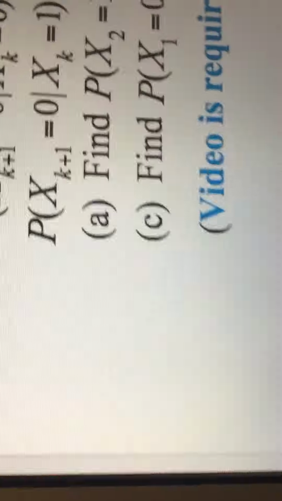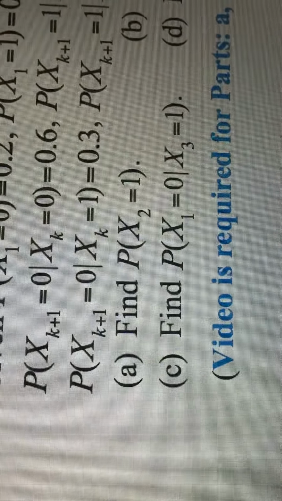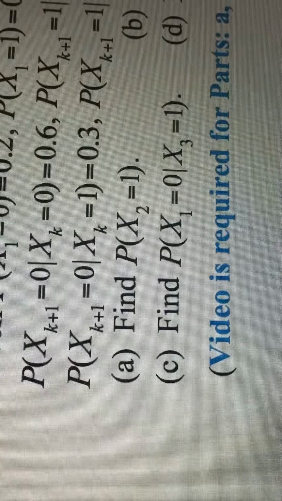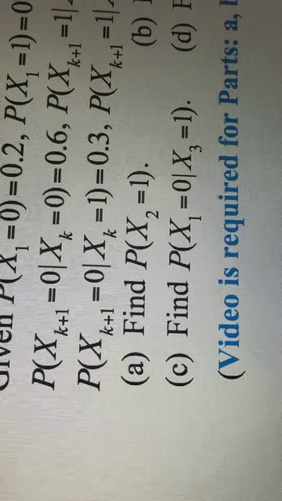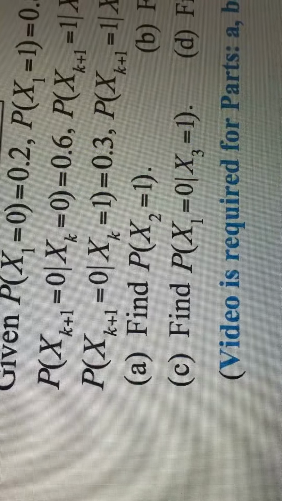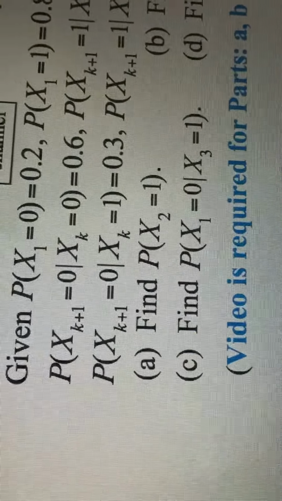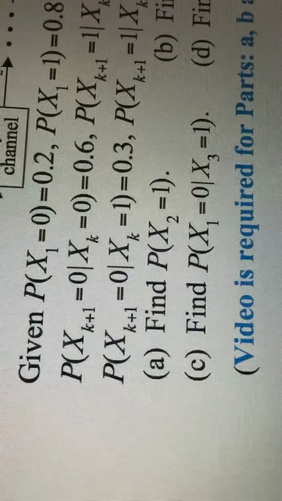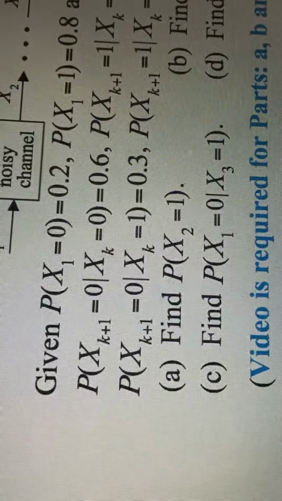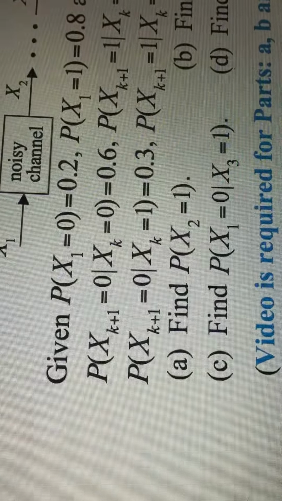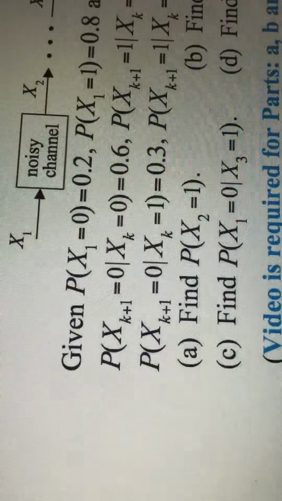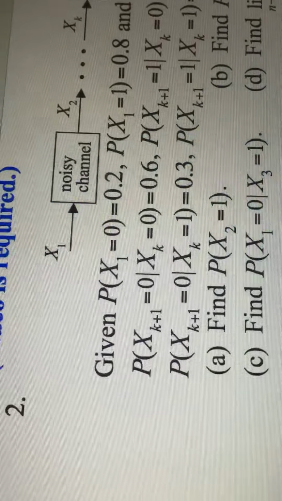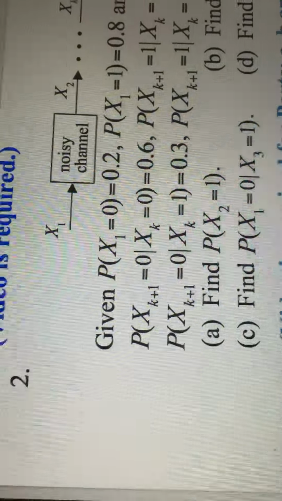The third part of this problem is find the probability given that x3 is equal to 1 and x1 is equal to 0. x3 would basically at any point in time be the output for x2 being the input, and x1 would be the input for x2 being the output.